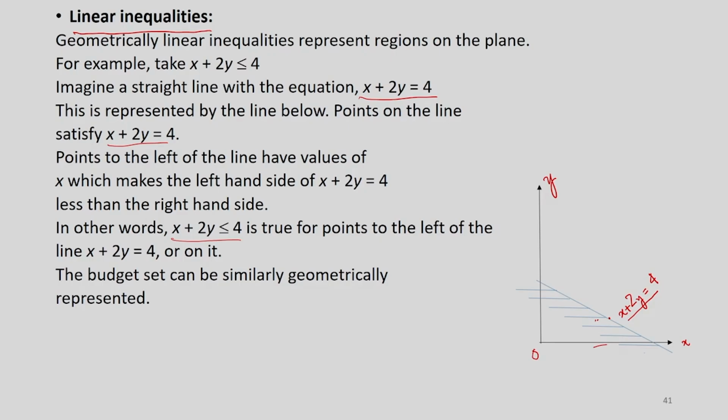If you pick a point on the line, this will be satisfied, or if you pick points to the left of this line, again this will be satisfied, because LHS will be less than RHS. What will not satisfy this inequality is a point to the right of this line, because then the LHS will not be less than or equal to the RHS.